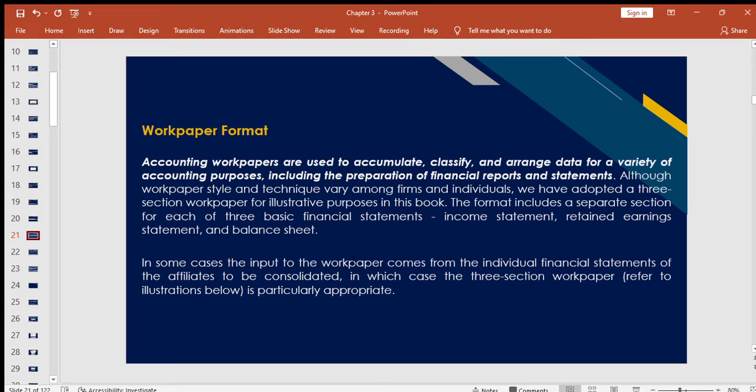The format includes a separate section for each of the three basic financial statements: income statement, retained earnings statement, and balance sheet. In some cases, the input to the workpapers comes from the individual financial statements of the affiliates to be consolidated, in which case the three-section workpaper is particularly appropriate.